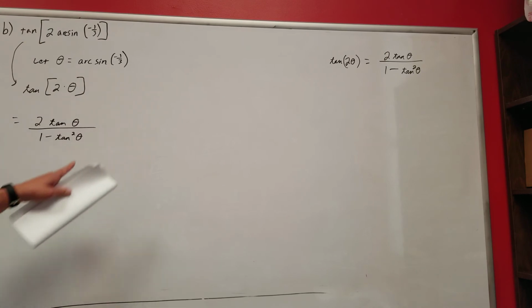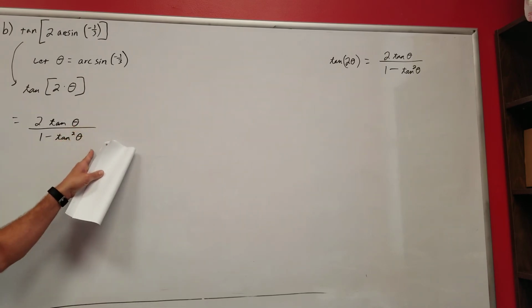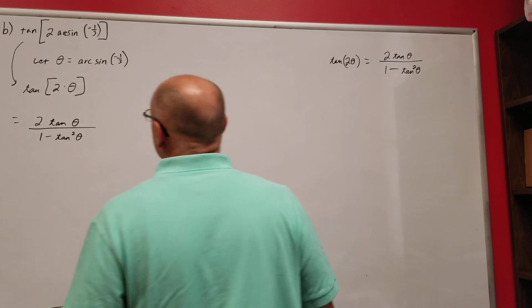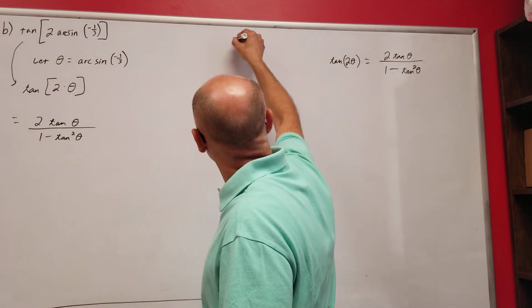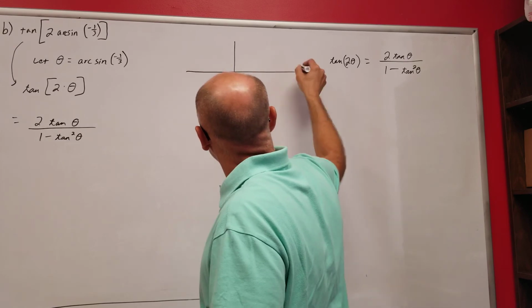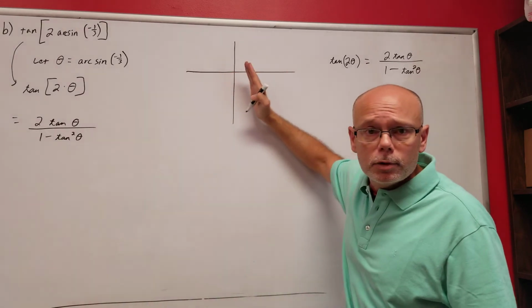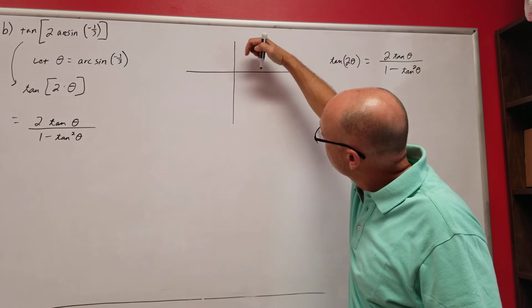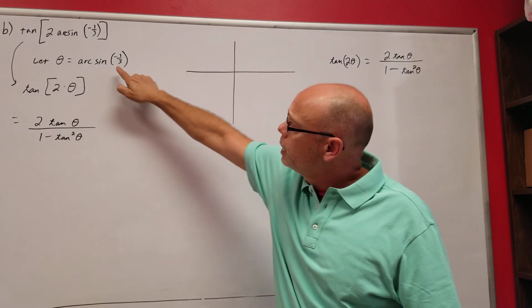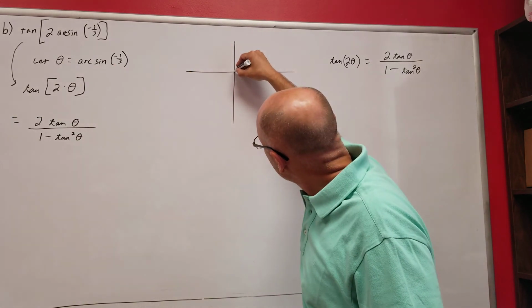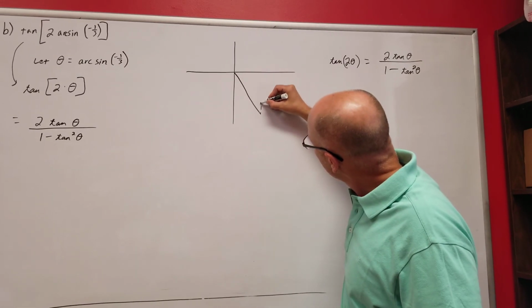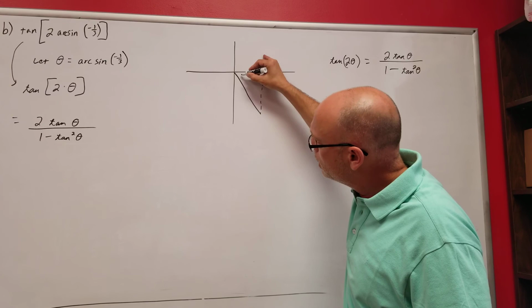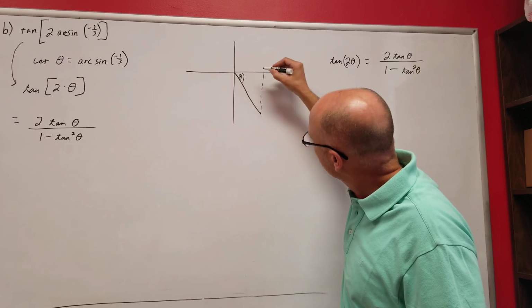All right, let's calculate. I need to know what the tangent of theta is so I can sub in that value here. Well, what do I know? I know theta is the angle whose sine is negative 1/3. Remember, for the arc sine, you need to be between negative pi over 2 and pi over 2. And if I'm looking for the angle whose sine is negative, I'm going to be down here in quadrant number 4. Draw you a right triangle here. Go ahead and call that theta, this angle right here.